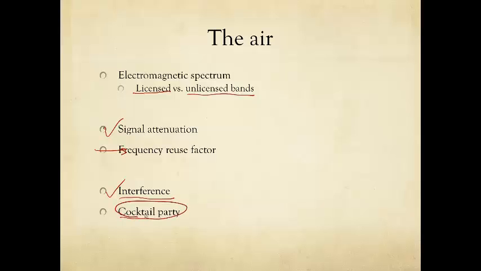The analogy that we'll focus on in today's lecture is a cocktail party analogy. Suppose you are at a cocktail party and you want to talk to your intended recipient. So Alice wants to talk to Bob. There are many other people around you, and they all talk to each other. For example, Chris may talk to Dave.